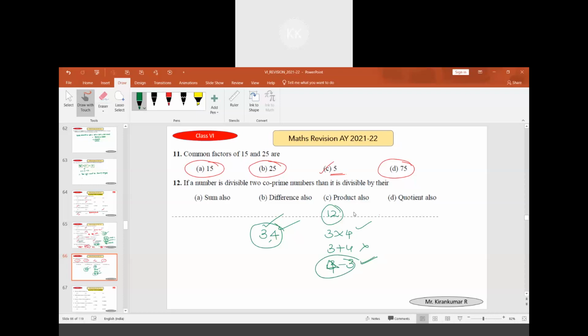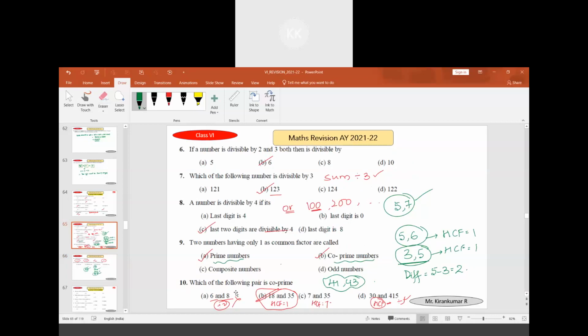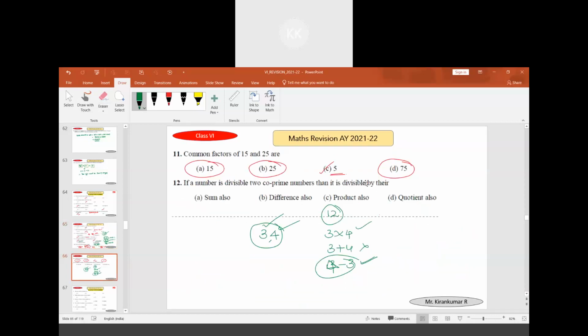If I consider another example, 18 and 35, I have to have a number which is divisible by both. We have to multiply them, so the product is 630. 630 is divisible by both.